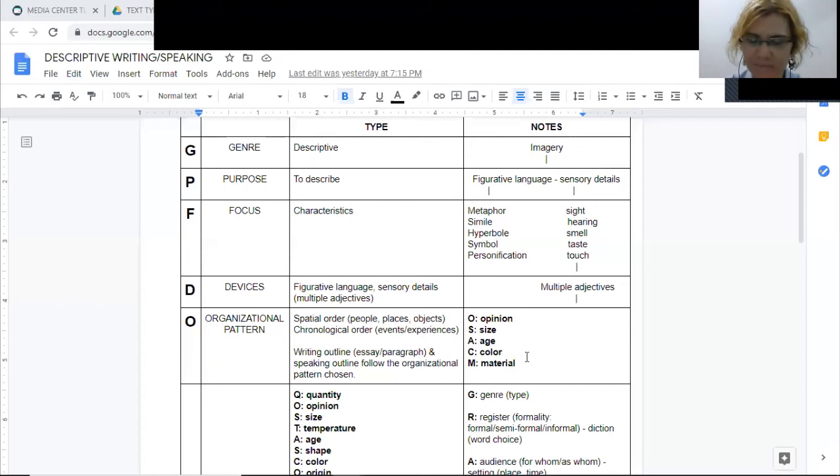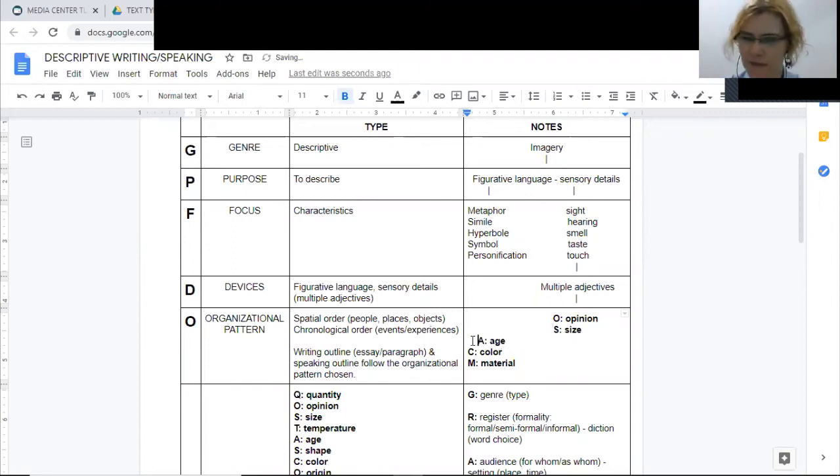Multiple adjectives create the image of sight, the image of sound, the image of smell, the image of taste and touch. This one is a very good example. This should actually be more here, yeah. So we've got here the acronym OSACM. That's a shorter form of the multiple adjectives.